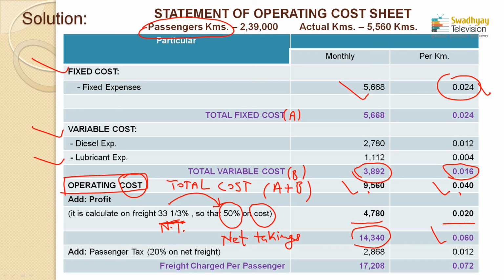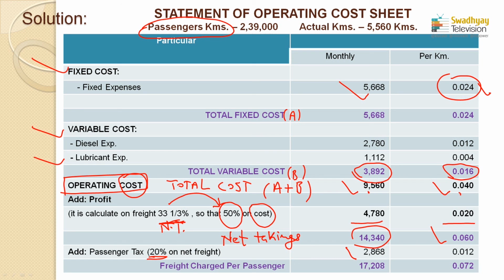Now the next item is passenger tax, which is 20% on net freight. So the 20% amount of tax is charged, and this amount comes here, that is 2,868 rupees. That 2,868 rupees is added into your net takings, which comes to 0.012, which is the fifth part of this 0.060, as 20% is a fifth part.